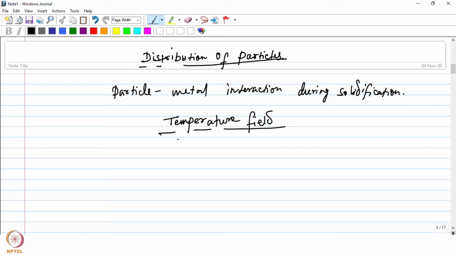So during solidification, the heat is extracted, so you have heat flow in a particular direction, and depending on this heat flow, you will have a temperature field for the particle matrix system. Around the particles, you will have a temperature field.